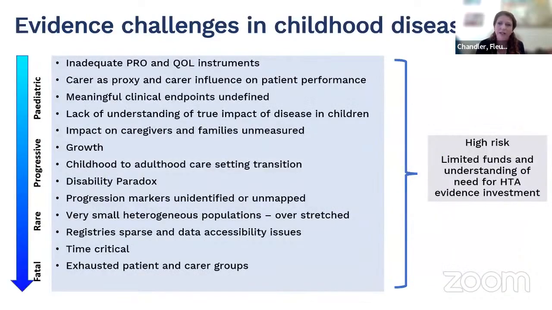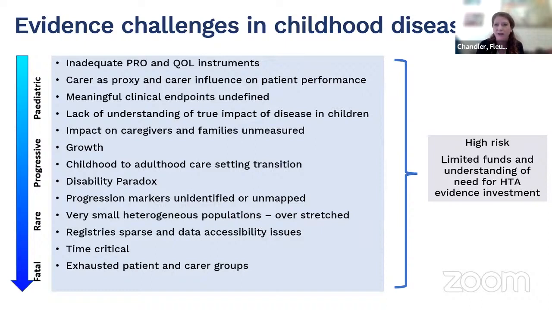So Wendy will cover far more of this in far more detail, but I just wanted to have a little think about the challenges that you do see in childhood disease. And I think there is a scale. Somebody asked, I think it was a question when we were promoting the webinar, about why aren't we focusing on rare diseases? And I think there is a scale in terms of the challenges of evidence. So in all paediatric diseases, I think you're struggling with finding the right PRO and quality of life instruments.